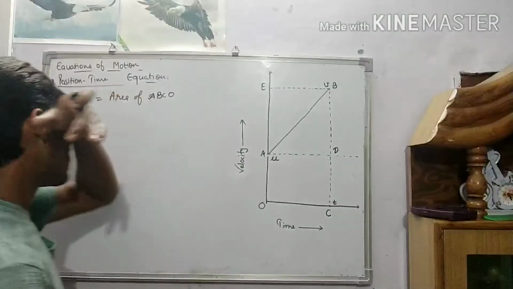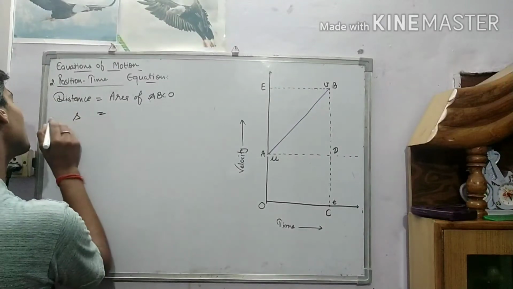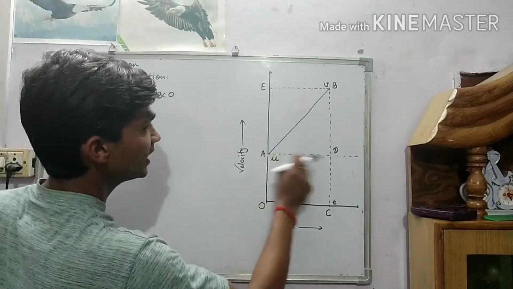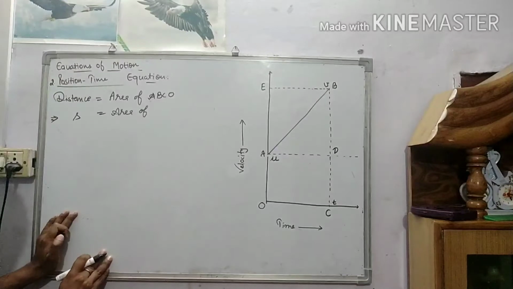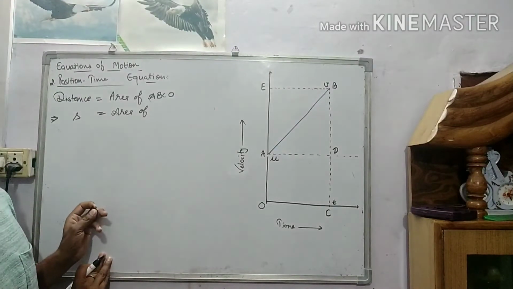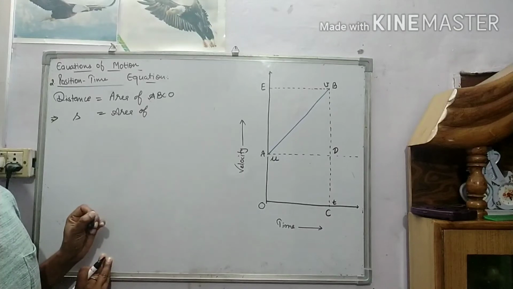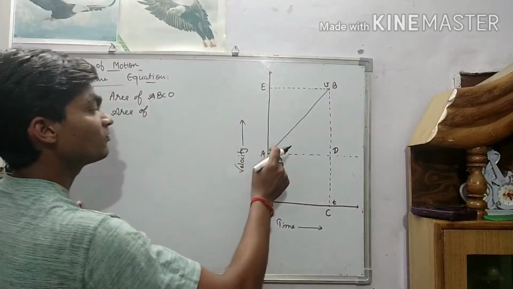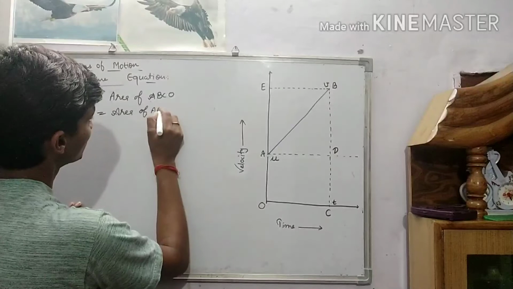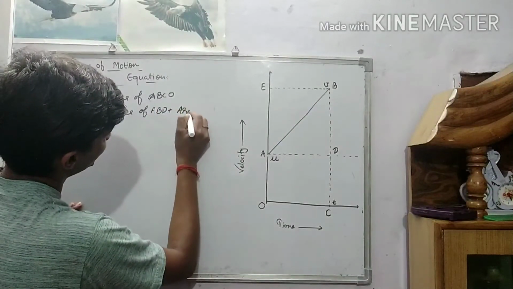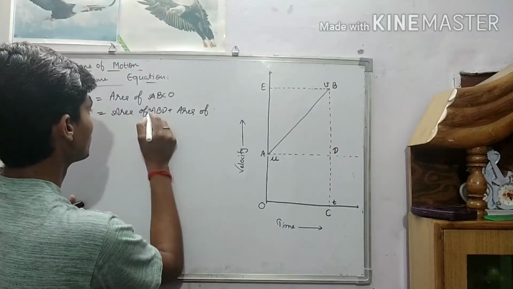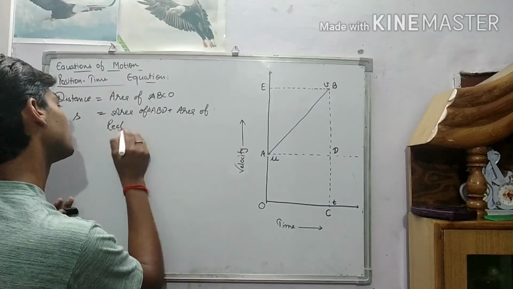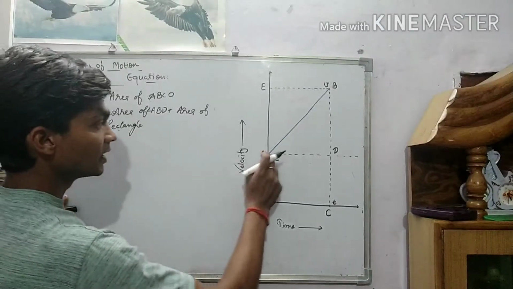This area of ABCO can be represented using S. So the area of ABCO can be written as the area of triangle ABD plus the area of rectangle ADCO.